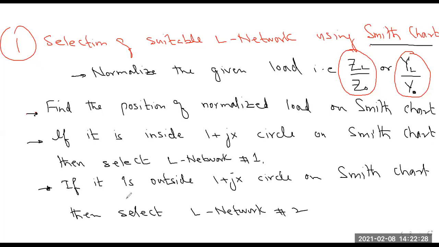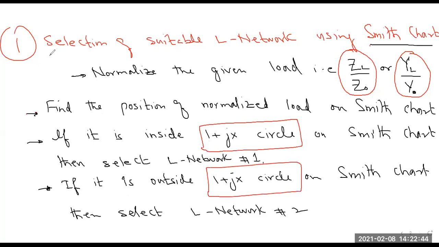So in this process, what may be not apparent to you is, what is this 1 plus jx circle that I am using. So our selection of suitable network is based on this circle.